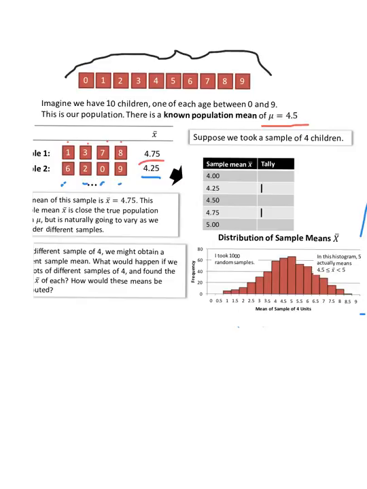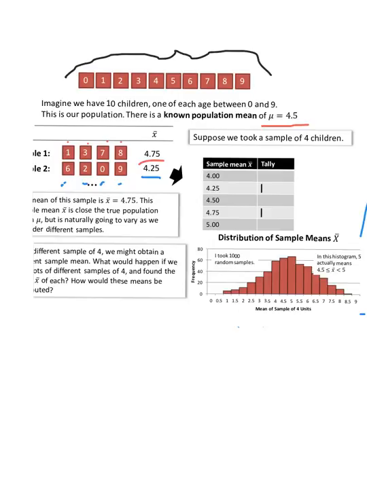So if we then take 1,000 random samples, as we said here, it falls close to a normal distribution. And what we've got to remember as well is that in the histogram, we've got to remember our continuity correction here.